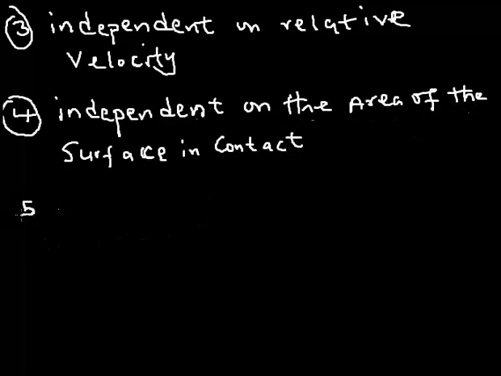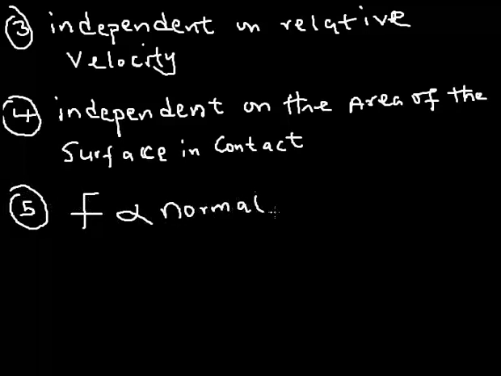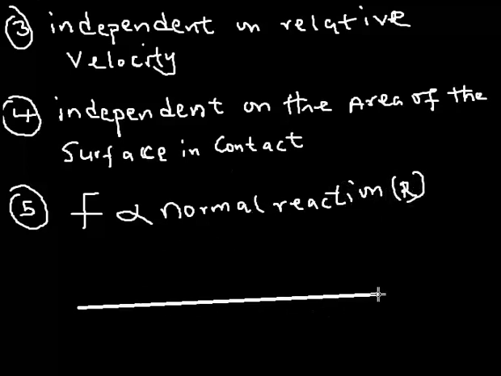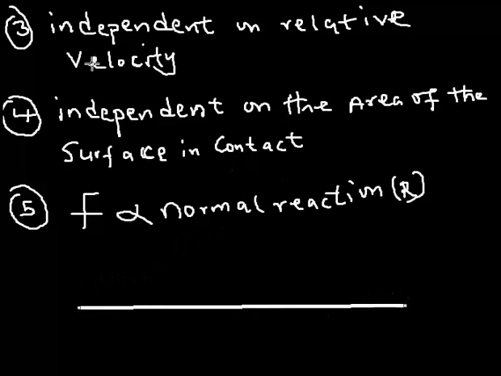Then number five, the last but not the least: frictional force on any surface is directly proportional to the normal reaction R. We know very well that if an object is placed on a surface, the weight of the object acts downward.